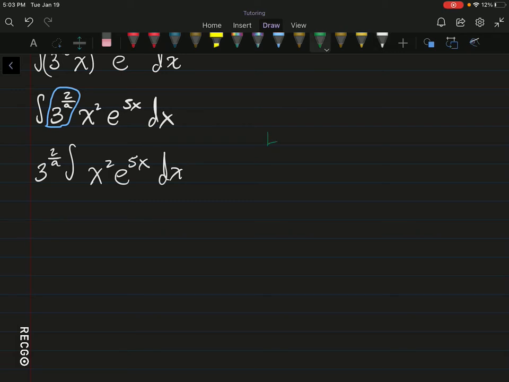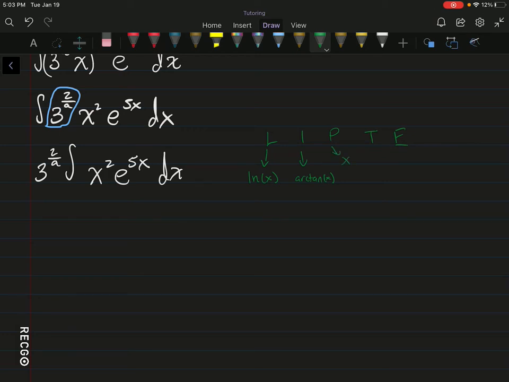LIPTE is called that because it gives us an order. L stands for natural log of x. I stands for arc tangent of x, or any arc trig.